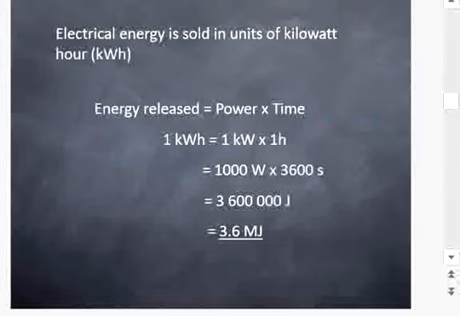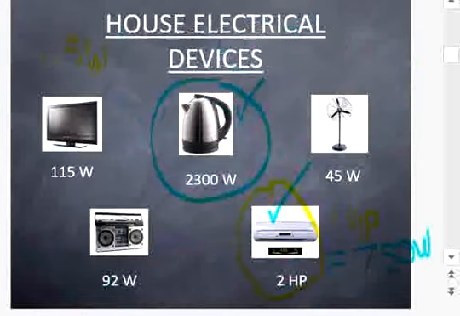So electrical energy is sold in units of kilowatt hour, K, capital W, and H. If we use 1 kilowatt hour, how much energy are we actually using? Normally when we calculate for an electrical appliance, the answer is in joules, right?